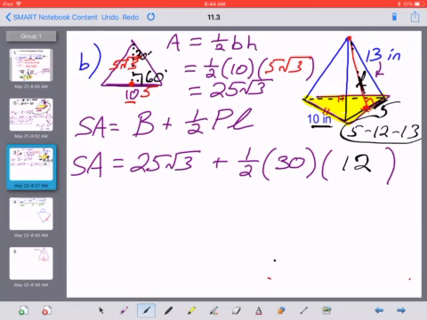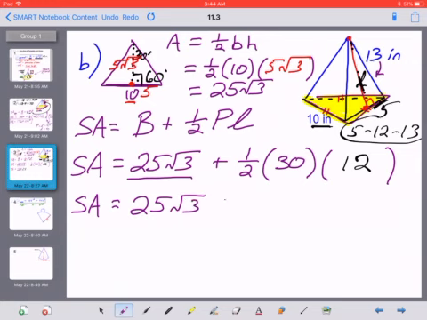Now, if you've forgotten your Pythagorean triples, that's okay. You can do this by using the Pythagorean theorem. It's just going to take kind of a while. Okay, but this problem is pretty well ready to go. So surface area is going to equal, and this 25 root 3 is kind of sticking out like a sore thumb. It doesn't combine with anything else in this expression. So I'm going to leave it as 25 root 3, and then over here, the 1/2 times the 12 is going to get us a 6.